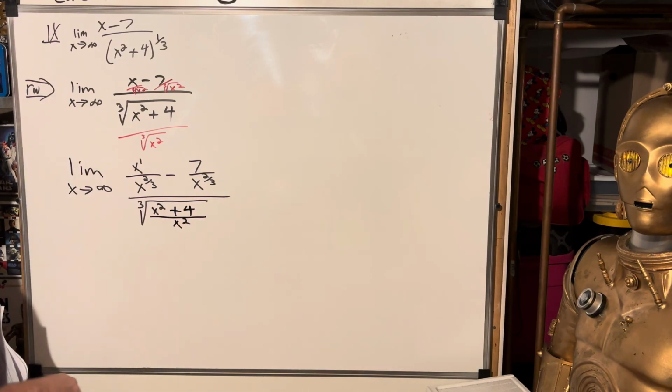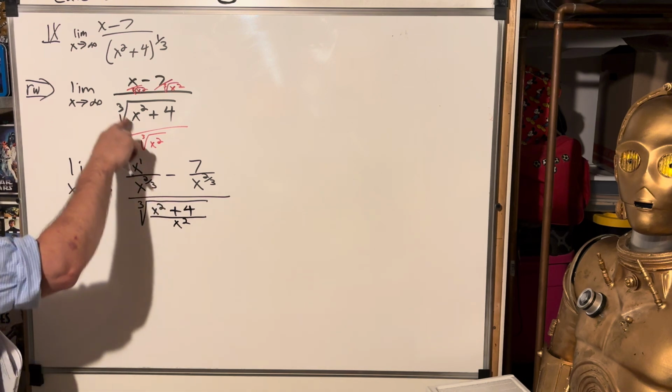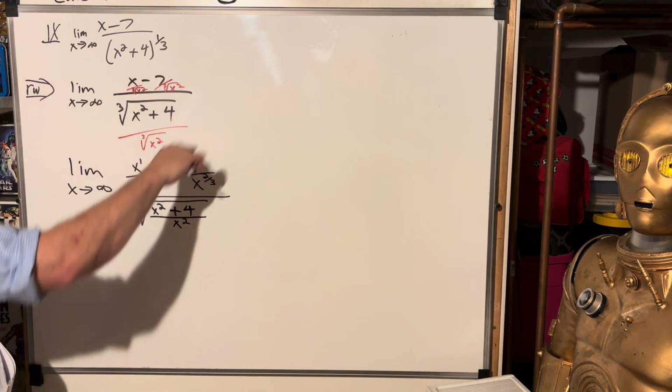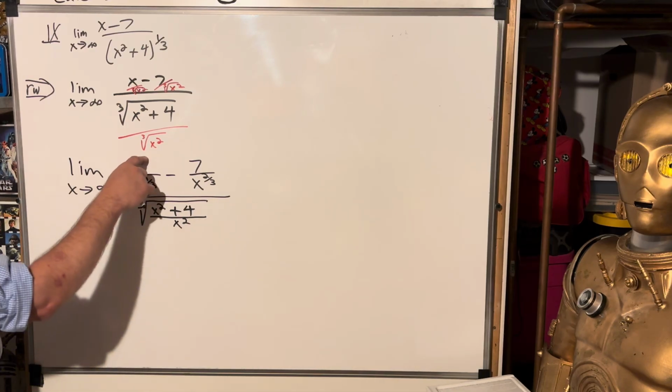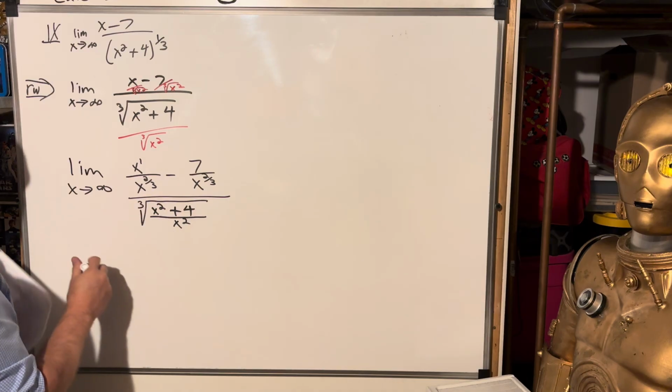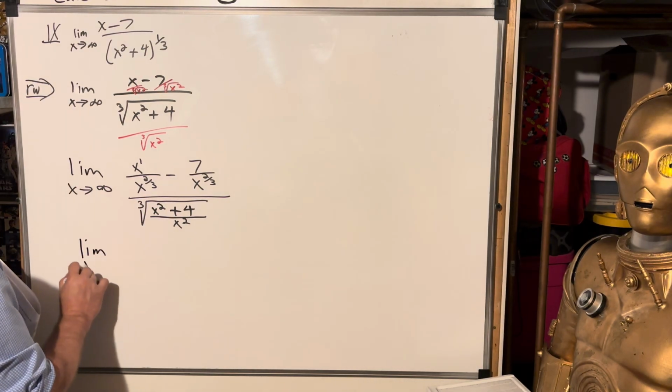Because they're both under the cube root sign, I can put them all under the same thing, just one big long line there. Now, 1 minus 2/3, that's negative 1/3.